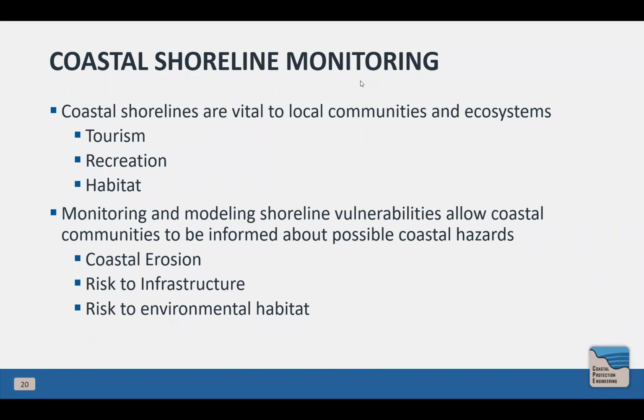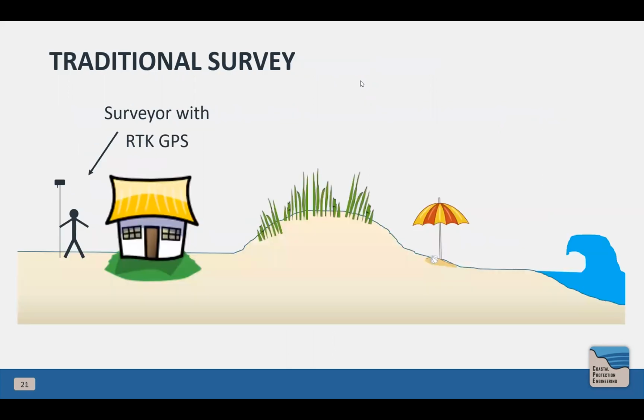So knowing what is at risk and what vulnerabilities exist on the coastal shoreline is important for local communities to know. And the way that we have traditionally surveyed the land is with a surveyor and typically an RTK GPS type system.